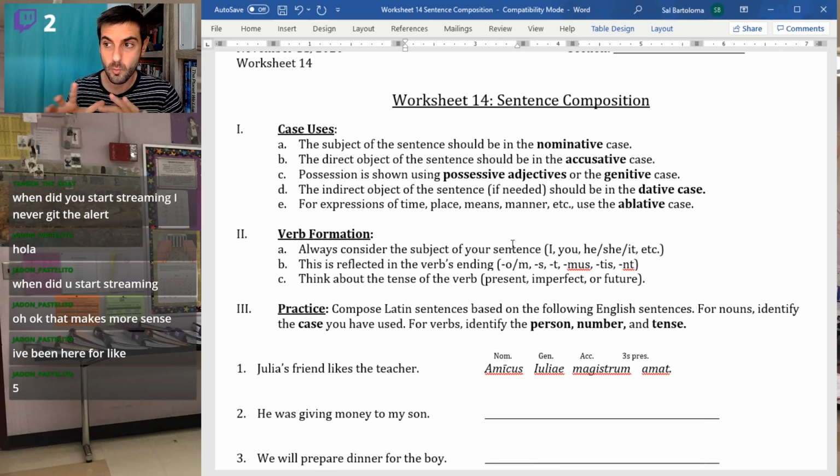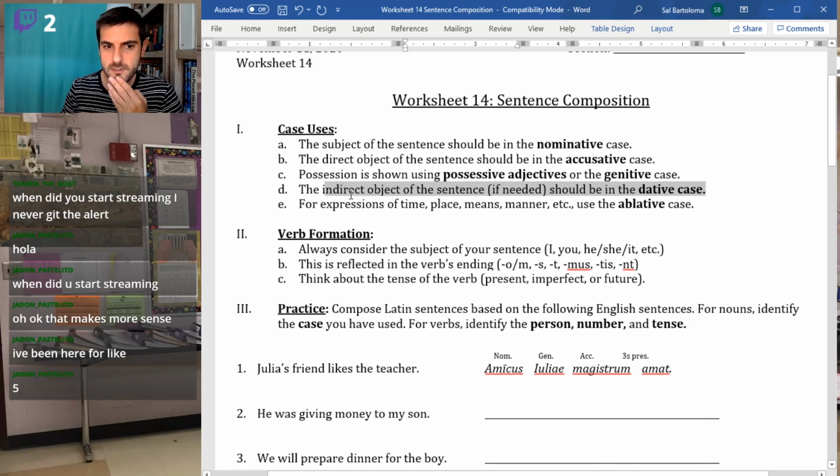So it's one or the other, right? Either you use an adjective like my or your, or you use the genitive case if it's somebody else's. If it's Julia's, if it's Livia's, if it's, you know, Augustus's, then you put it in the genitive case.